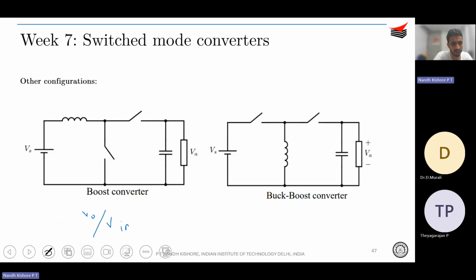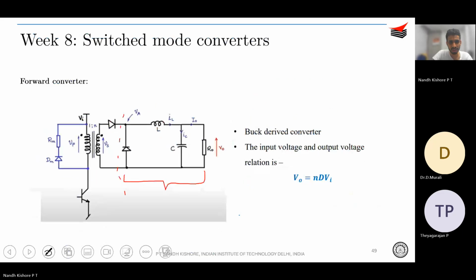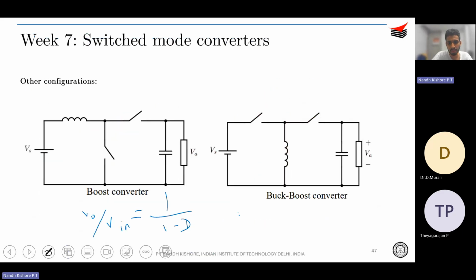V naught over V in for a boost converter is going to be 1 by 1 minus D, and over here it will be minus D by 1 minus D, correct? Okay, so this is the input-output relationship.